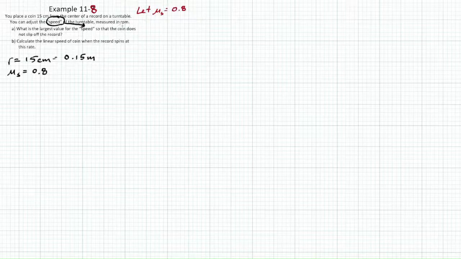In this case, speed is defined as really frequency, or RPM. So A is really asking us, what is the frequency in RPM, or revolutions per minute? That's what we want to find out for part A.